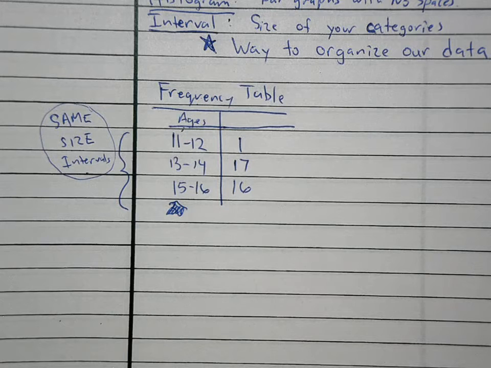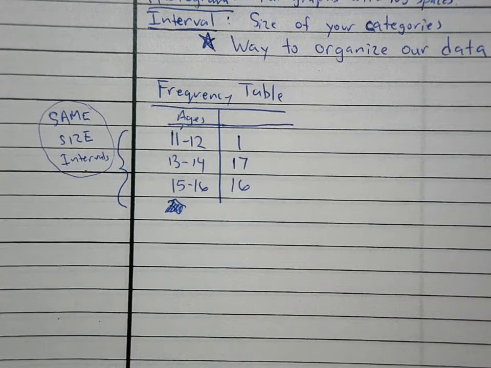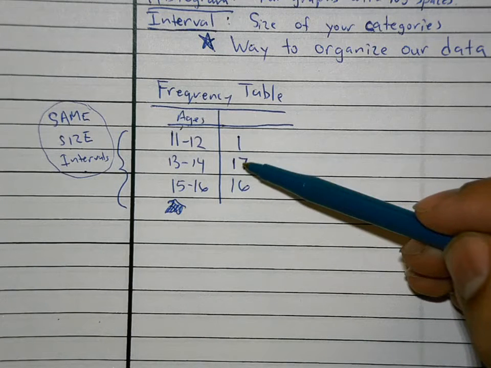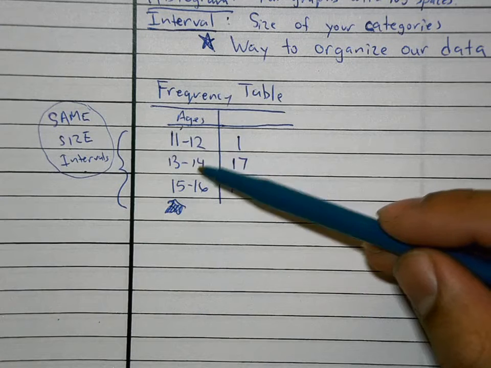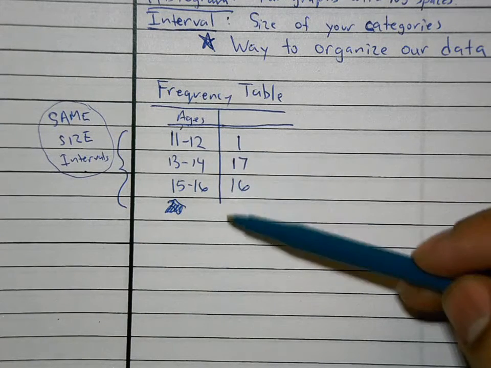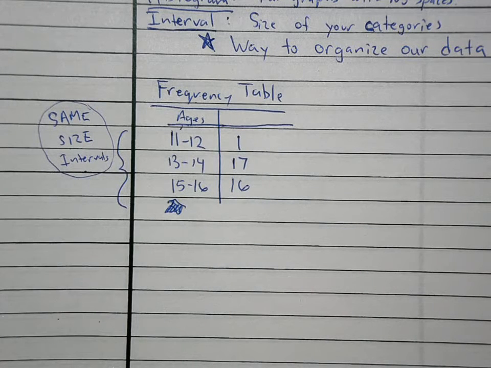Imagine if I did that 34 times. Think about that. If I were to ask 34 times how old are you, somebody's going to say 13, somebody's going to say 14, one person's going to say 11 or 12. 16 people are going to say either 15 or 16.